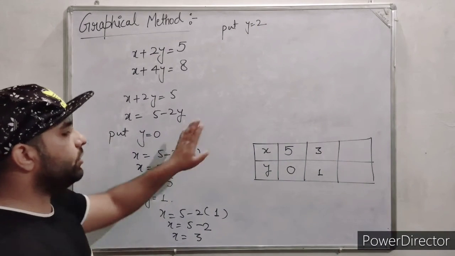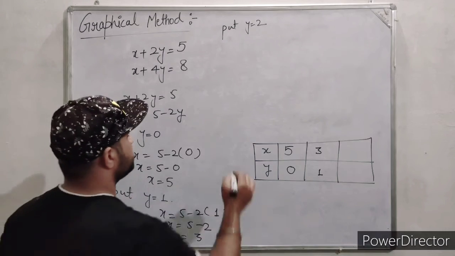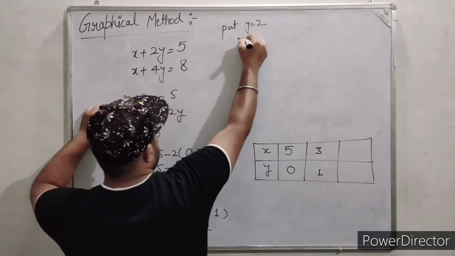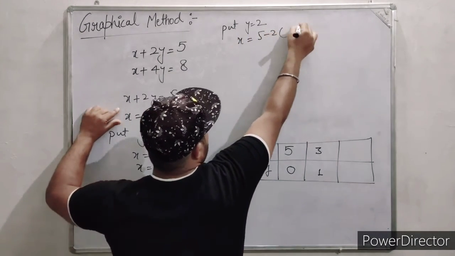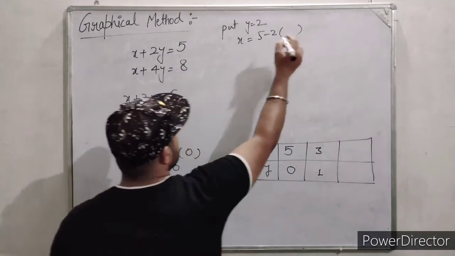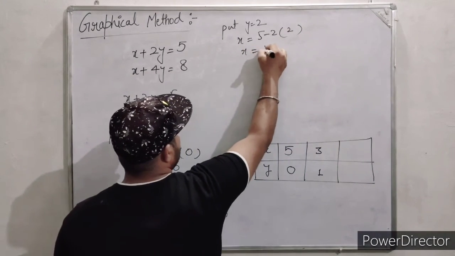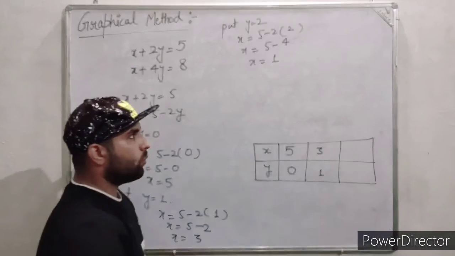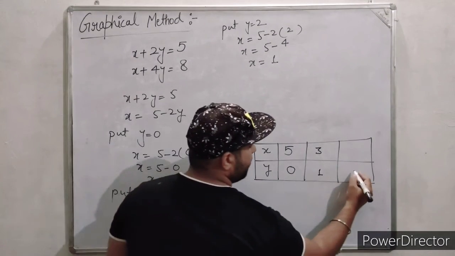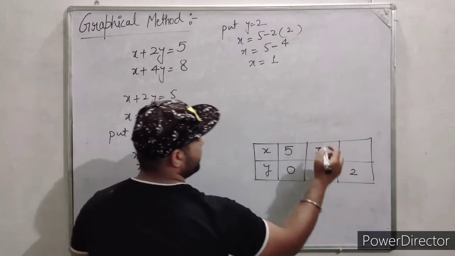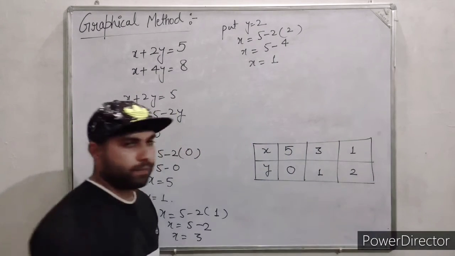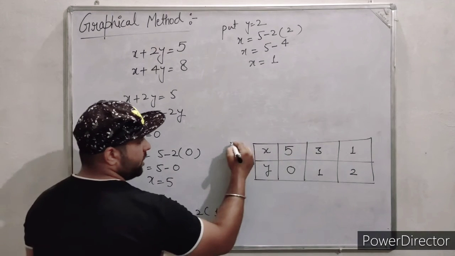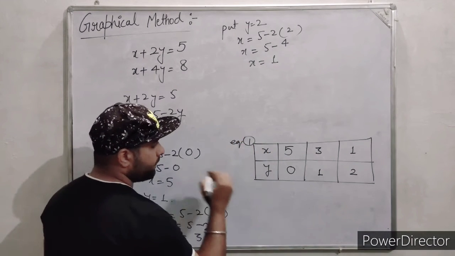You can put any value, you will get another value. Same equation, x is equals to 5 minus 2y. The value of y is 2. 2 2s are 4. The value of x is 1. So when you put the value of y as 2, you get the value of x as 1. So this is the chart of equation number 1.